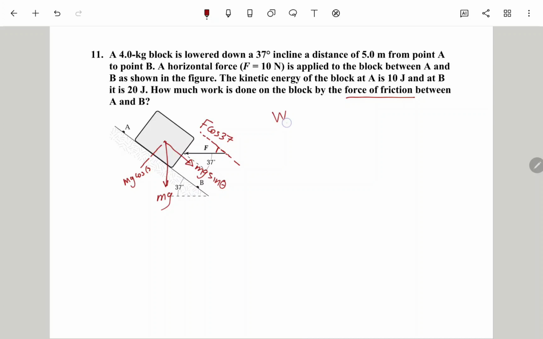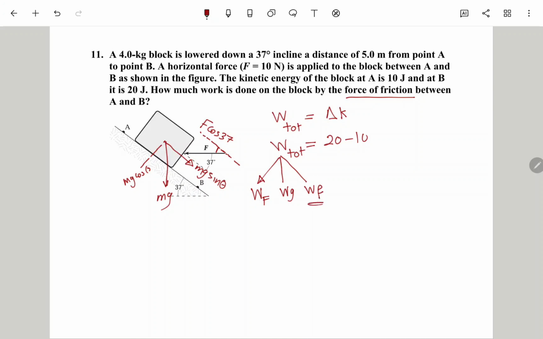Again, work total equal to delta K, or in other words, equal to 20 minus 10. This is the work total. Now let's find out the forces that create this work. We have the external force, work from F. We also have work from gravity and work from friction, and that's what we actually look for.